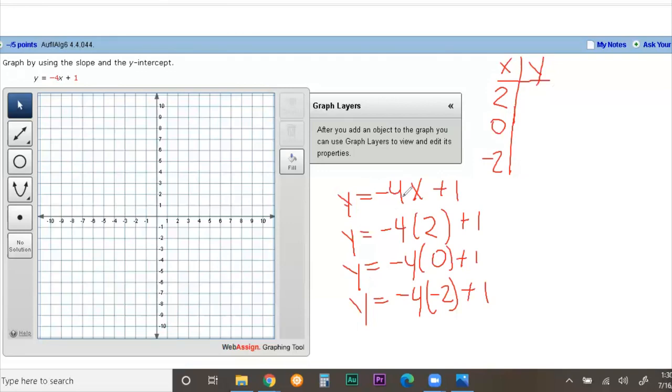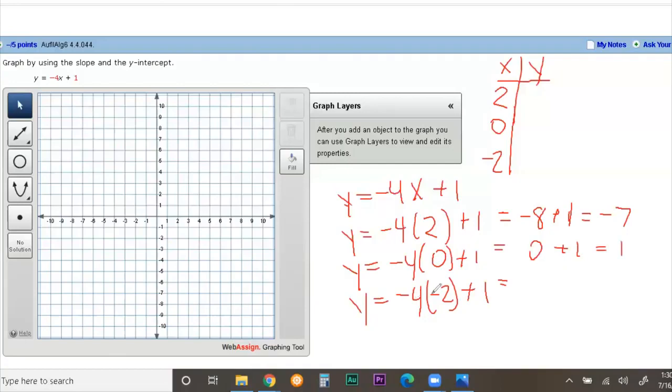So -4 times 2 is -8 plus 1, that equals -7. -4 times 0 is 0 plus 1 is just 1.